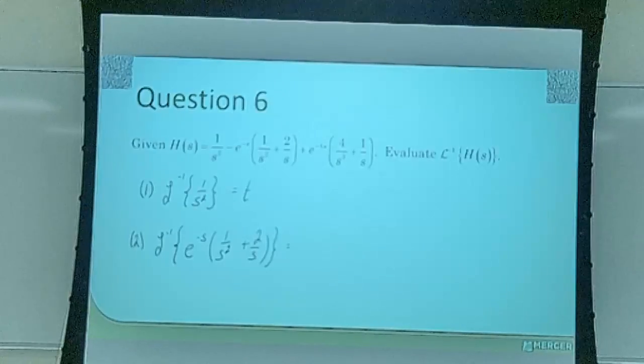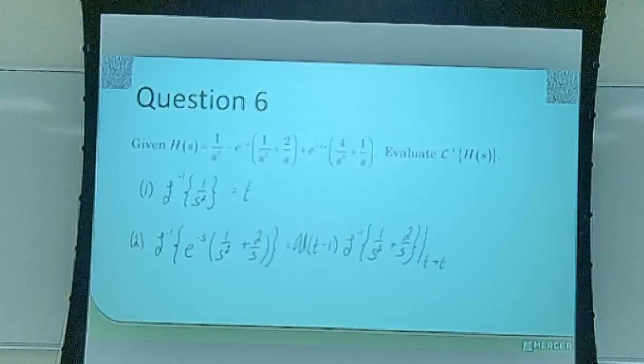Inverse transform of e to the negative s times 1 over s squared plus 2 over s. Second shifting theorem. What is tau in this case? It's u of t minus 1 times the inverse transform of 1 over s squared plus 2 over s, evaluated with t being replaced with t minus 1. One over s squared was t, right?